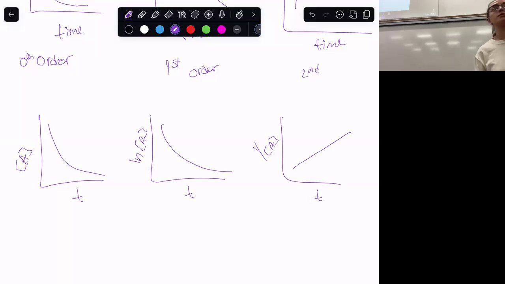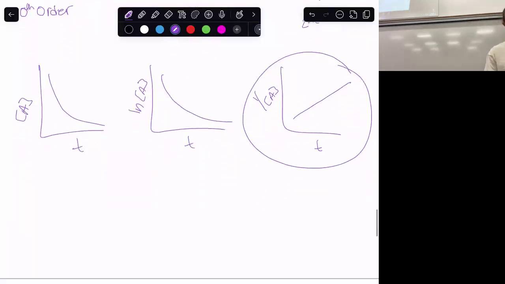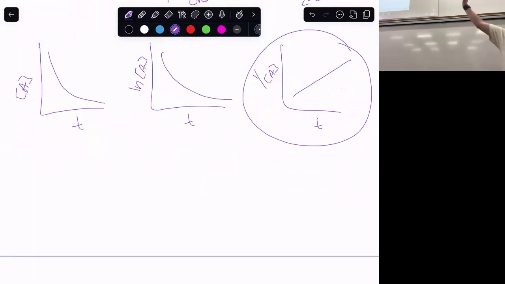Second order, right? Because why? That's when the straight line occurs. And for these, when they're in that graph form, they will always be y is equal to mx plus b.